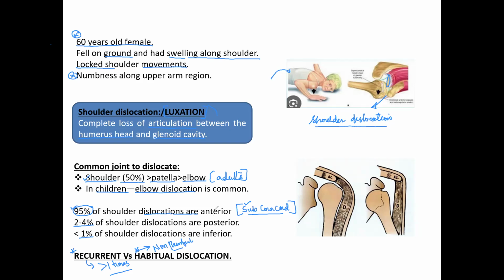This is a pictorial diagram where you see the articulation between the glenoid and the humerus. In dislocation, the head moves down outside the glenoid cavity, so there is loss of articulation here. This is your dislocation.